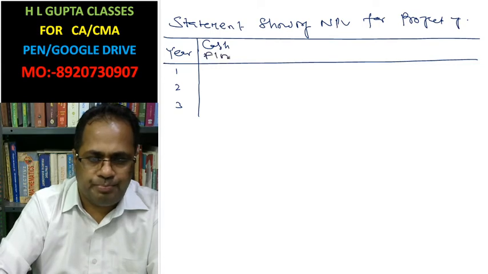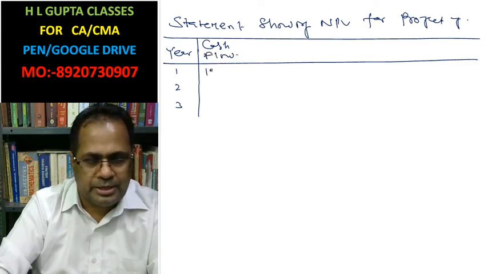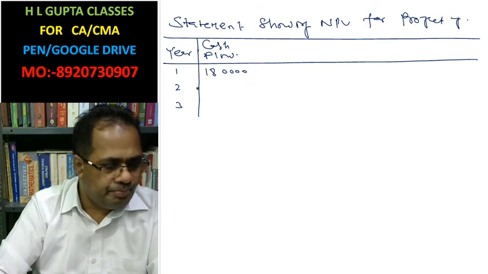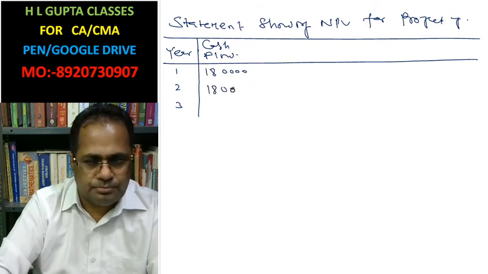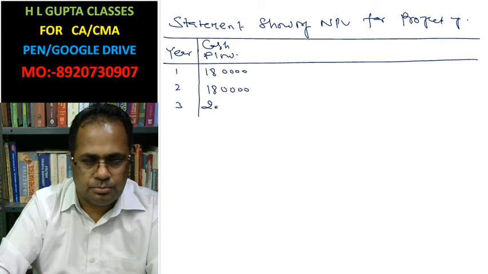Cash flow 1,80,000, 1,80,000, this is the 2 lakh.